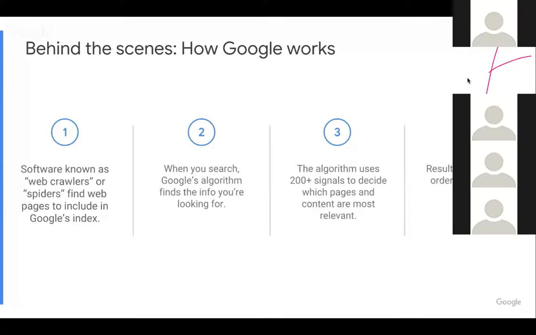When you start your search, Google's algorithm starts the process of finding those results. The algorithm looks at the word or phrase you typed and uses more than 200 signals to identify the most relevant results.